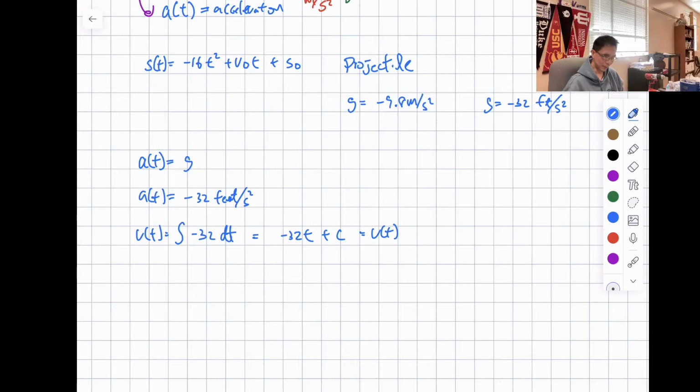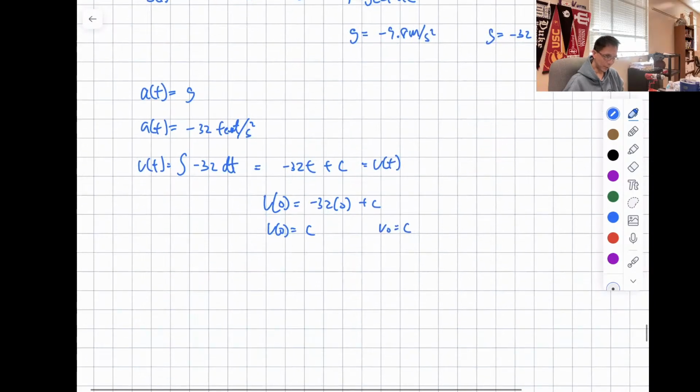That's right. Because v of 0 equals negative 32 times 0 plus c, right? So c must be v of 0, which is also v0. v0 is the velocity at time 0. So v of t is equal to negative 32t plus v0. Is that okay?